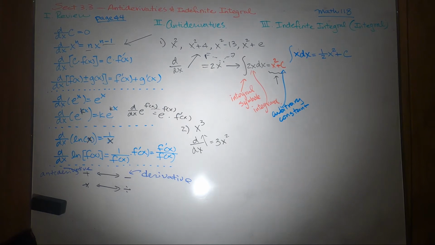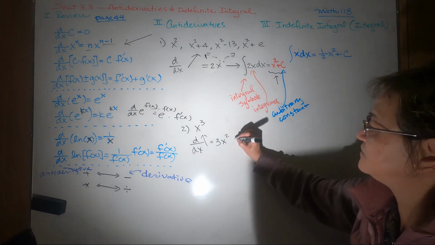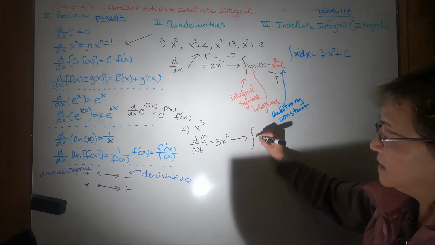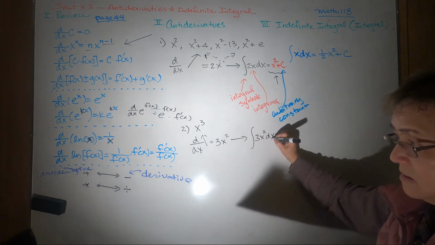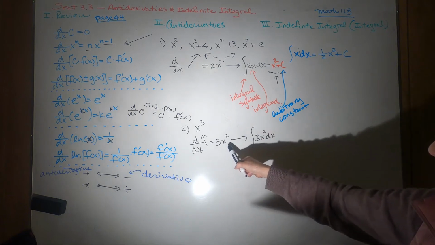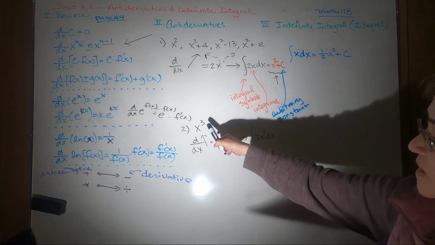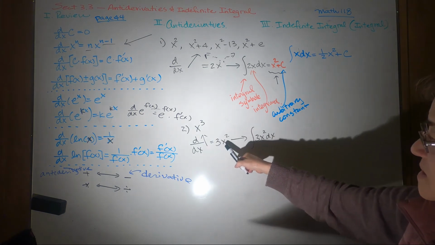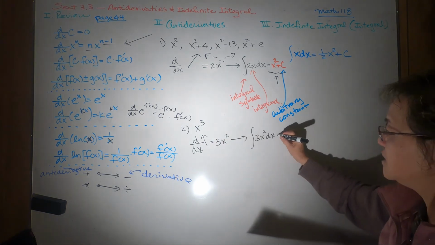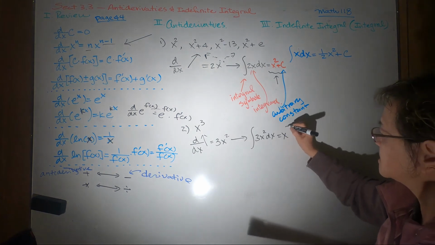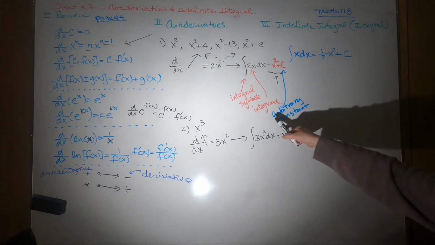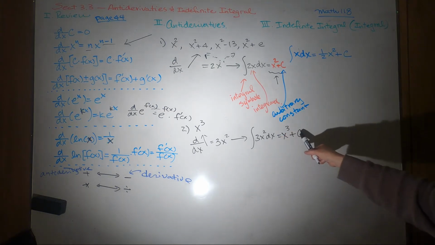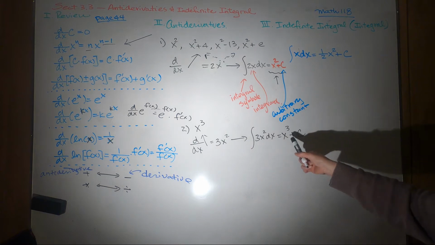So what do I have? If I take the antiderivative of this, if I take 3x squared dx, I take a derivative of this would be, take a derivative of this would be this. I take an anti, then I should go back to there, x cubed. At the same time, I will add an arbitrary constant, because if you take the derivative of a constant, that would be 0.